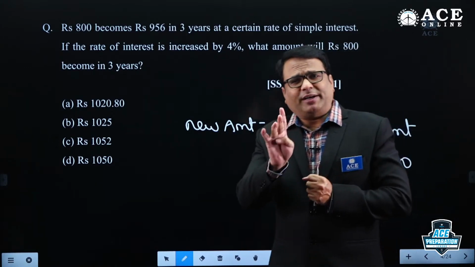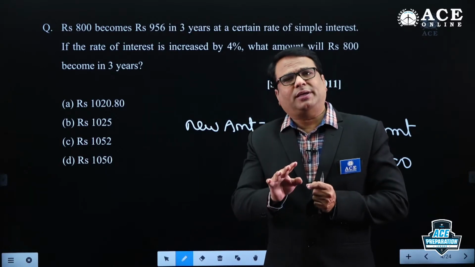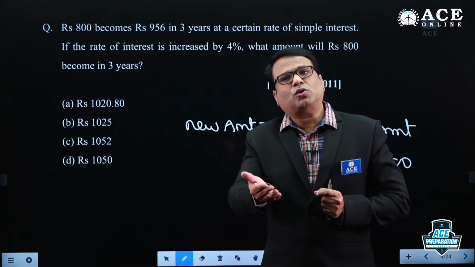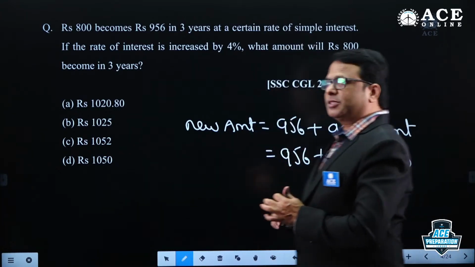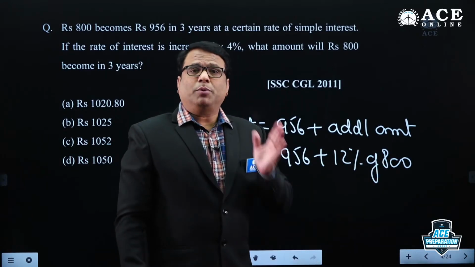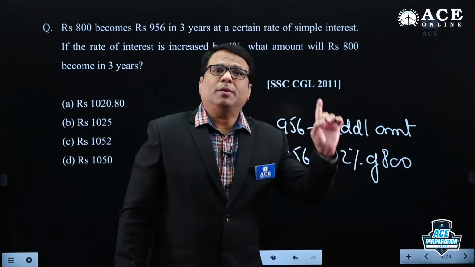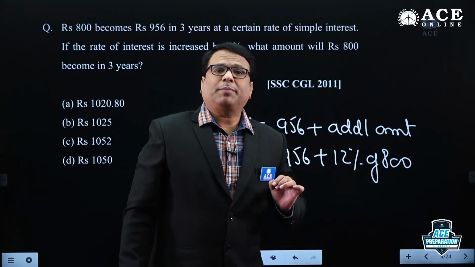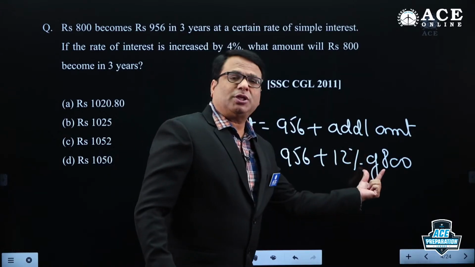And why should 12% be calculated on 800? Because in simple interest, interest is always calculated on the principal. And what is the principal? It's clearly given, 800. So this is the additional money you get.